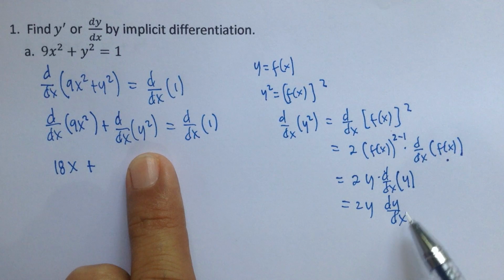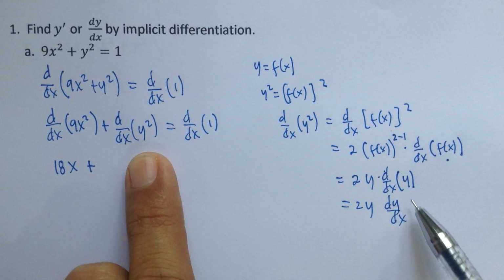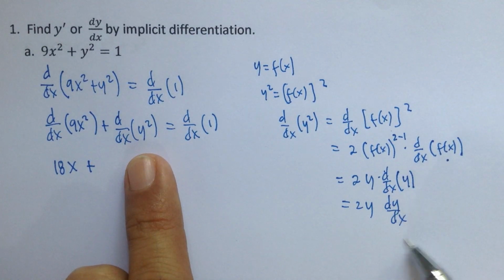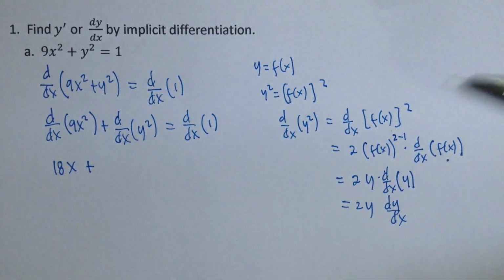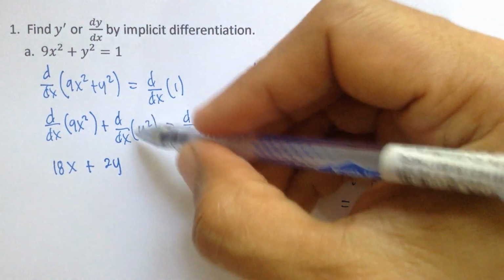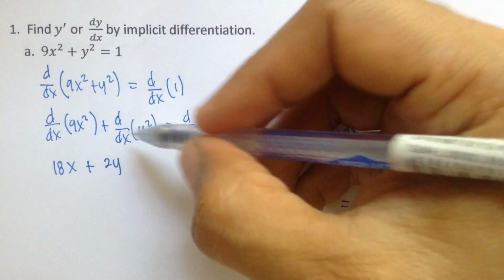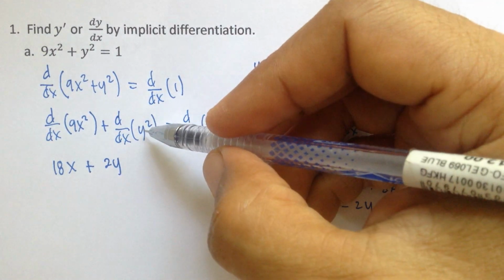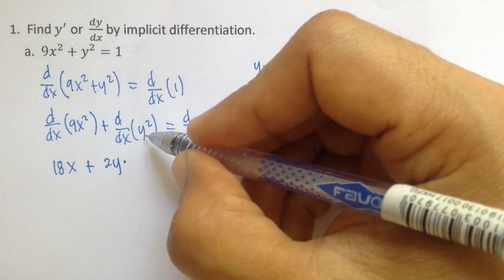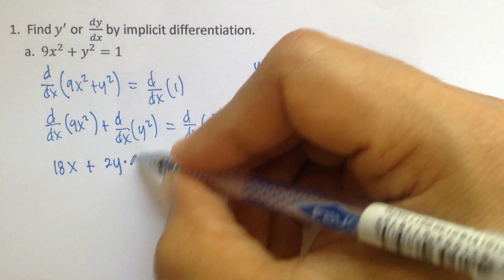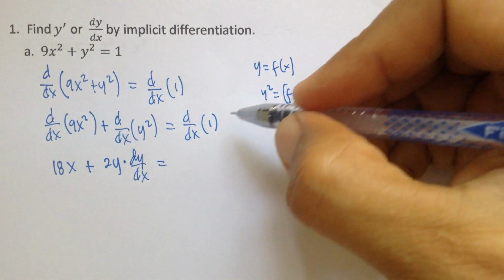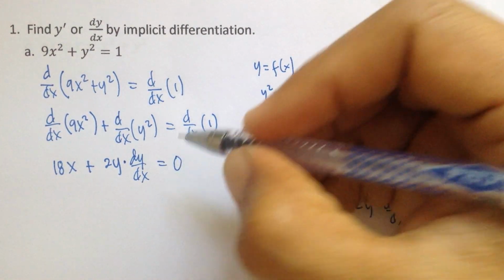Upon finding the derivative, you have to multiply at the end by dy dx. So the derivative of this is 2y, the normal computation of the derivative, but you have to multiply that by the derivative of y, which is dy dx. And of course, the derivative of 1 is 0.